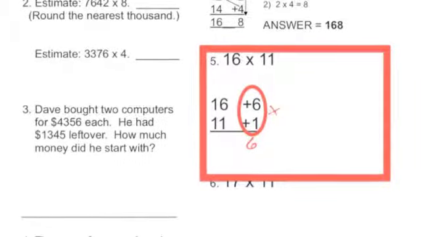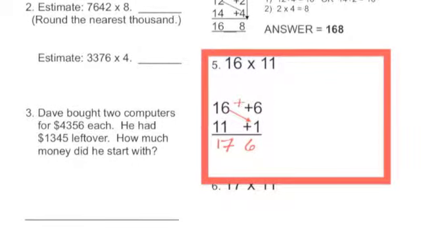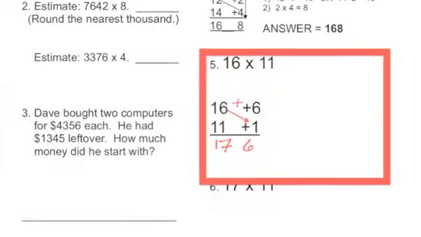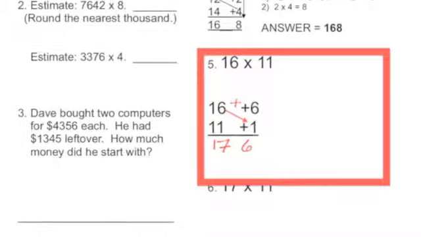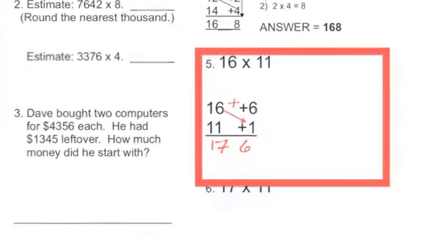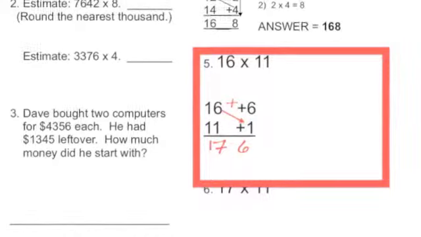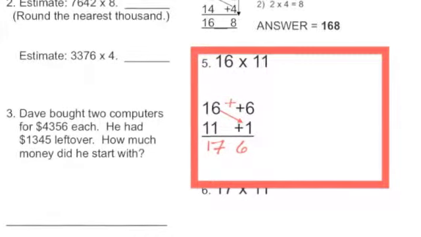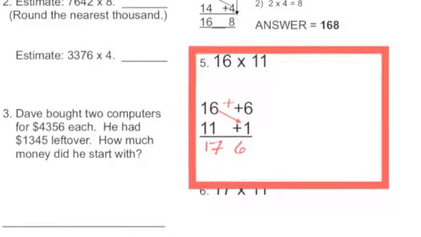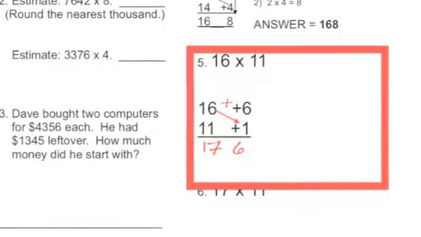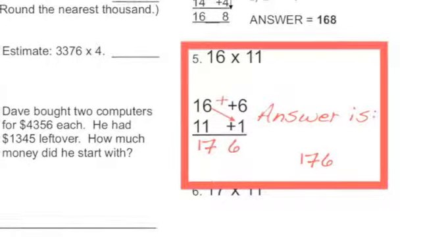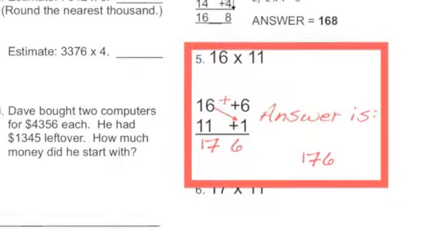And so you just put the 6 under there. Then we can add either diagonal, either 16 plus 1, or we can do 11 plus 6. And so if we did 16 plus 1, we get 17. Of course, we get the same thing if we do 11 plus 6. And so the answer then is just 176.